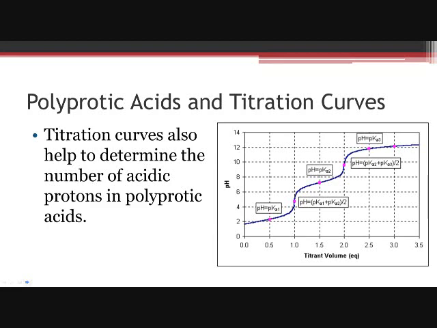Okay, so the number of changes you see is equal to the number of acidic protons that are there. And like the first equivalence point at the 1.0 titrant volume, that would be for the first acidic proton, and then the 2.0 would be for the second acidic proton when they're released.